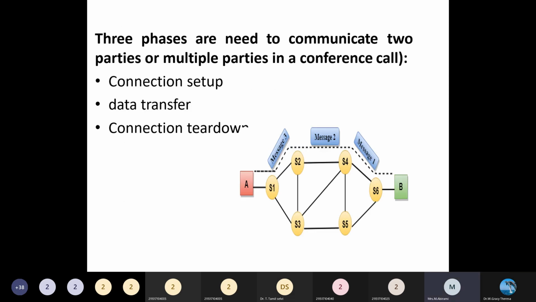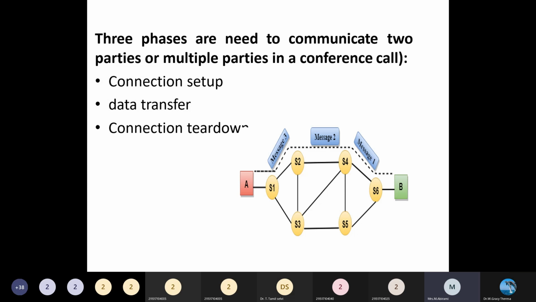So when data is acknowledged, using the decided path in a communication, how to decide from source to destination. In circuit switching, how does communication set paths?